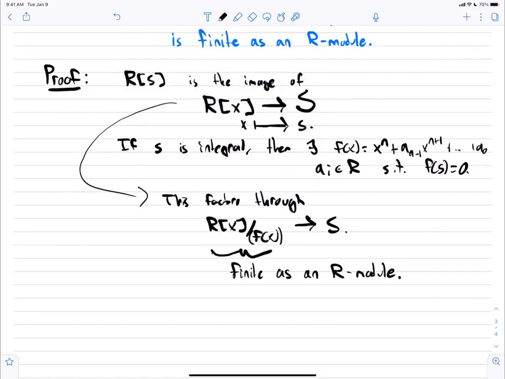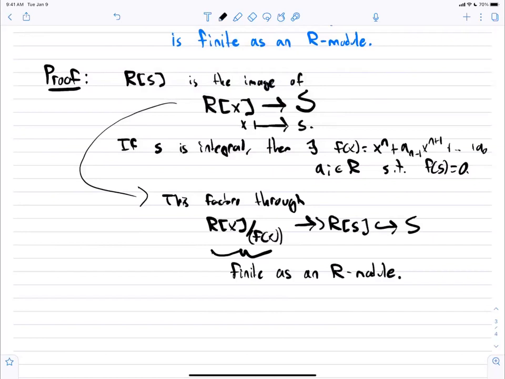Okay, so that's one direction. So that says if s is integral, then R[s] is finite as an R-module.